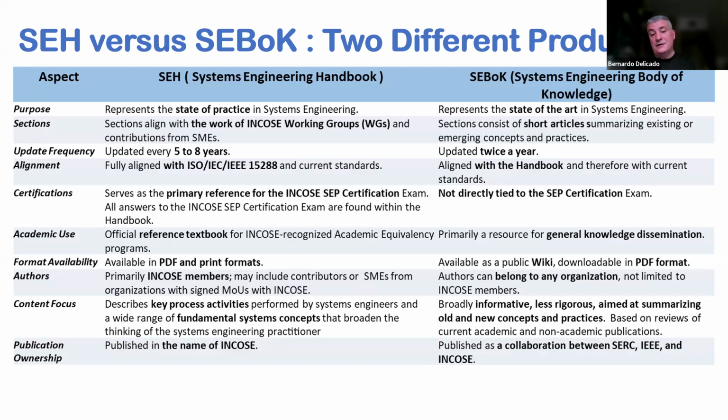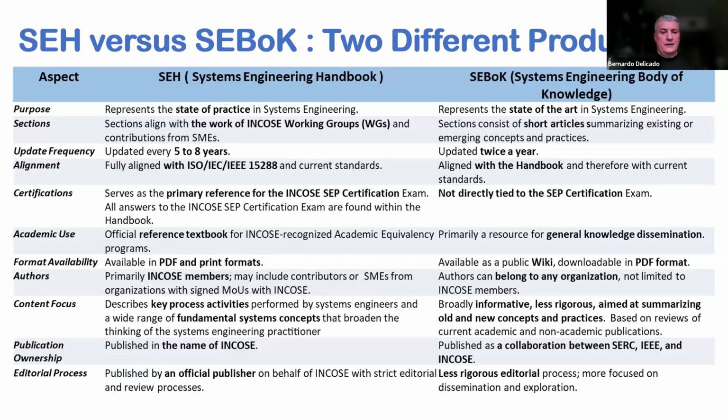In terms of the publication ownership, the handbook is published in the name of INCOSE, in this case by Wiley. In the case of the SEBoK, it is published as a collaboration between SERC, the Systems Engineering Research Center in the States, IEEE, and INCOSE. In terms of the editorial process, the handbook is published by an official publisher, Wiley, on behalf of INCOSE, with strict editorial and review processes.